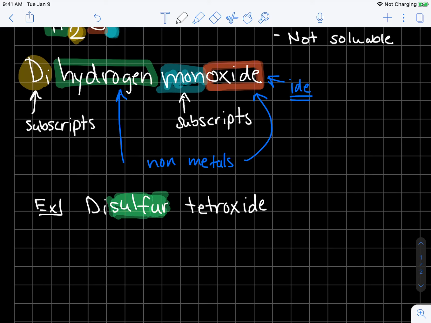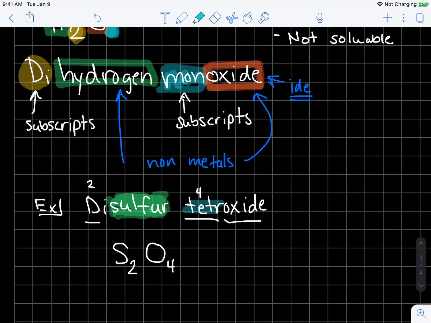All right, so our subscript di goes on the S for sulfur. Tetra means 4, right? So di is 2, tetra is 4, and then oxide comes from oxygen, O, and 4 goes here.